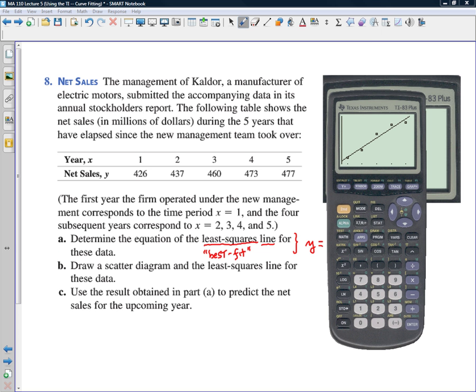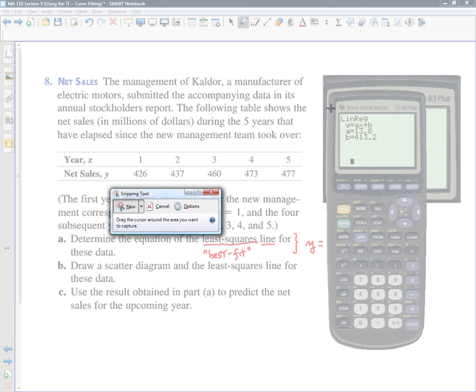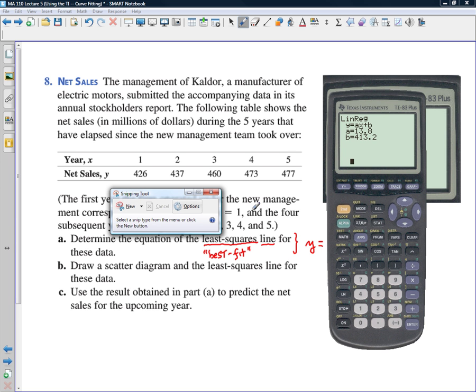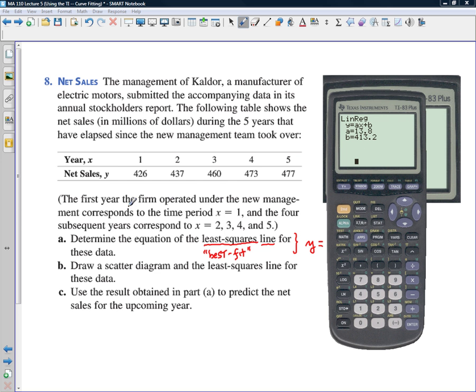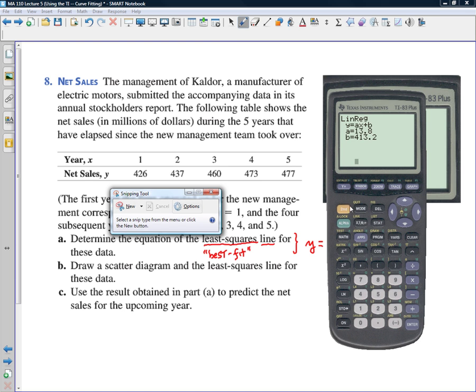So let me record that. Not exactly what I wanted. Cancel. Let's try that again. No, it doesn't want to do it. What's wrong here? Cancel. Graph.